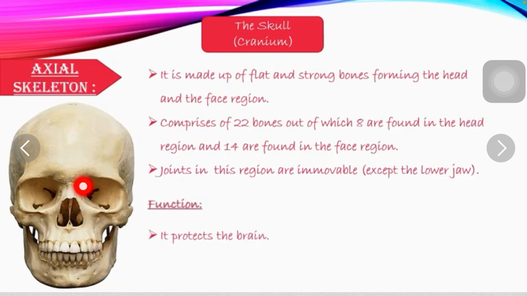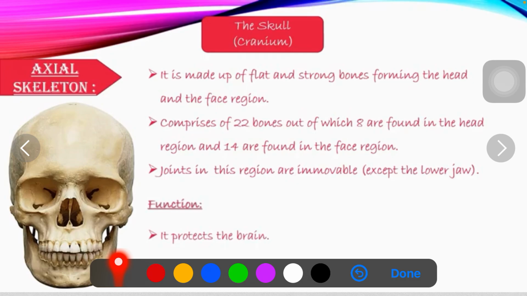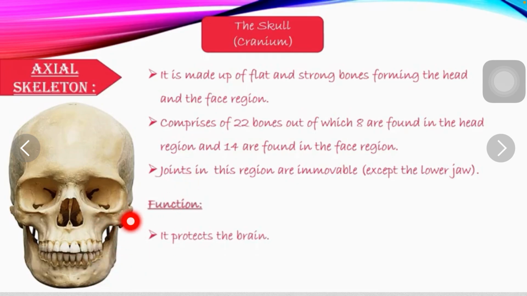Except for the lower jaw, none of the bones of the skull can move. Joints in this region are immovable, as I told you. Now, the function of the skull is to protect the brain, which is inside the skull, and it is very delicate, students.